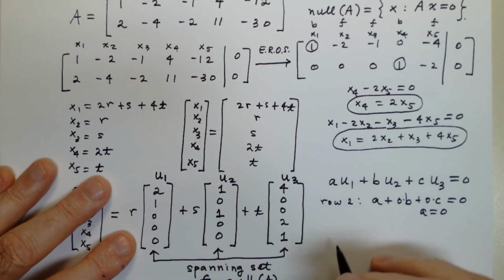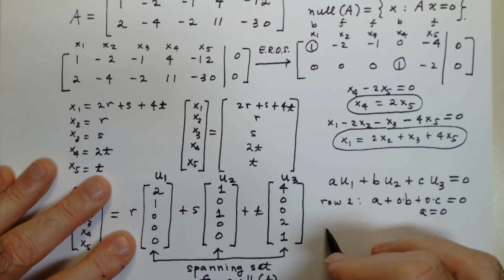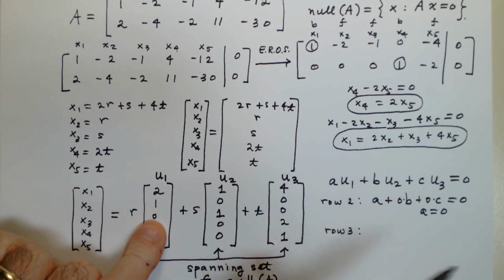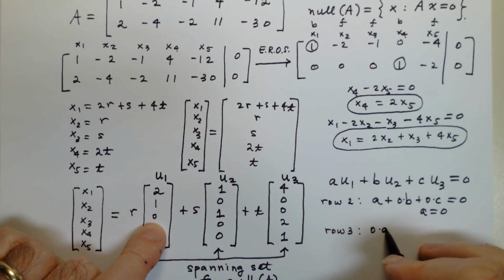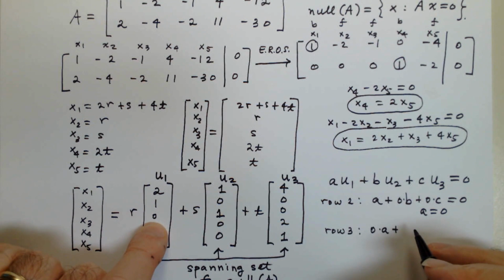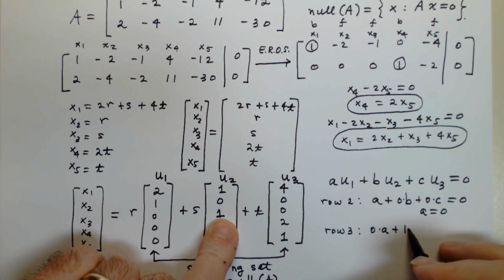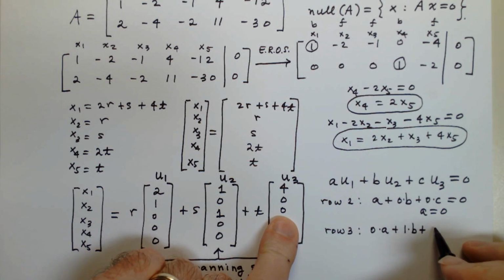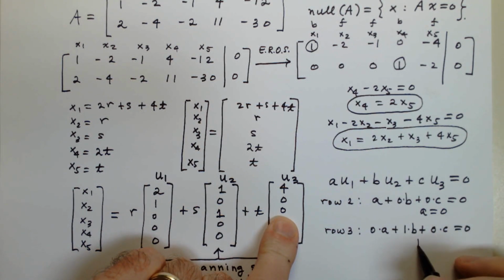Okay? If I look at row 3, I'm going to have a multiplying 0. I'm going to have b multiplying 1. And I'm going to have c multiplying 0. And that shows that b is equal to 0.